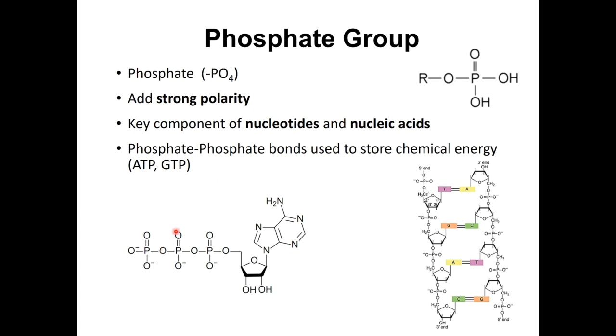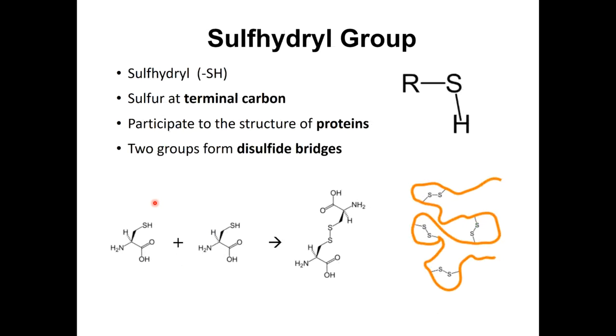So by adding a water molecule here through a hydrolytic reaction, which we talked about earlier on, a phosphate group can be released together with the energy associated with it. So phosphate groups are important not only for adding polarity and making a molecule acidic, but also for energy storage in some nucleotides.